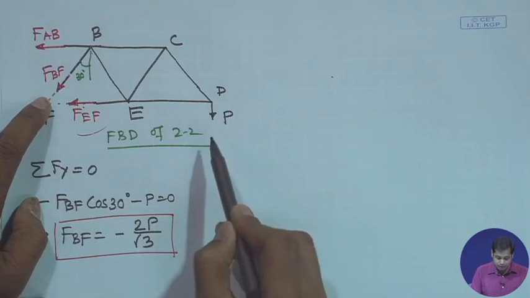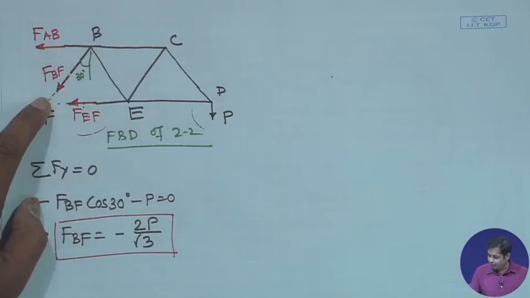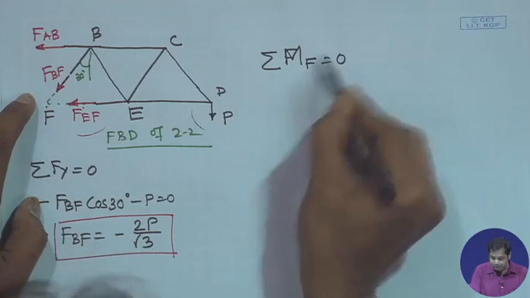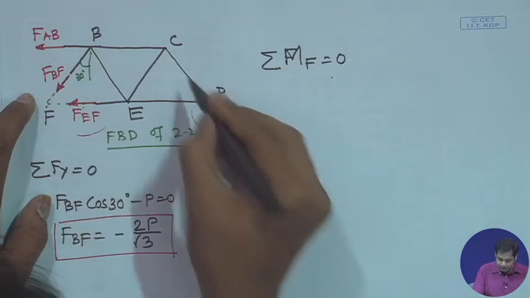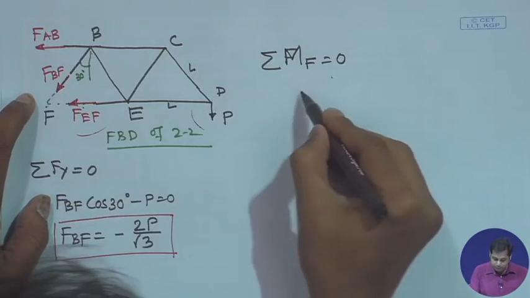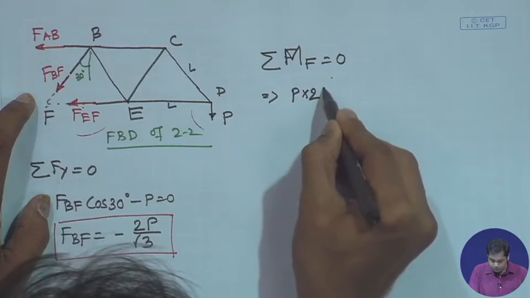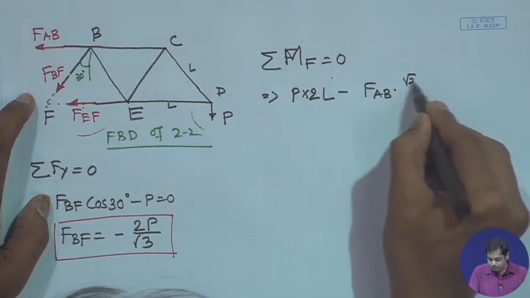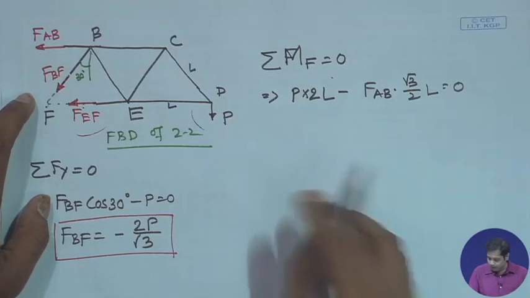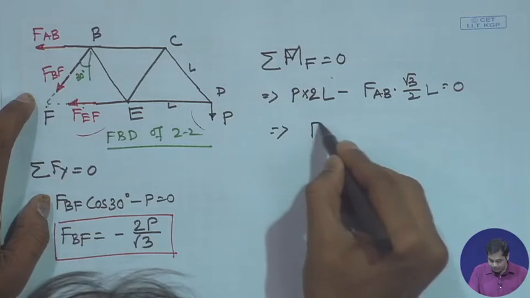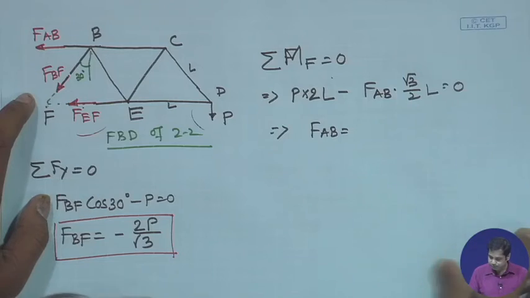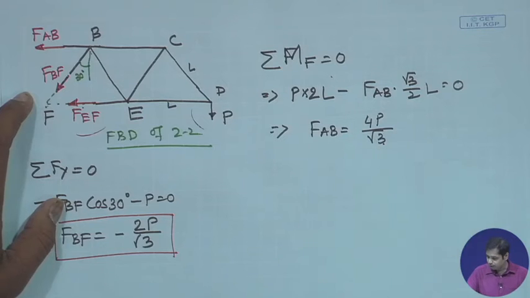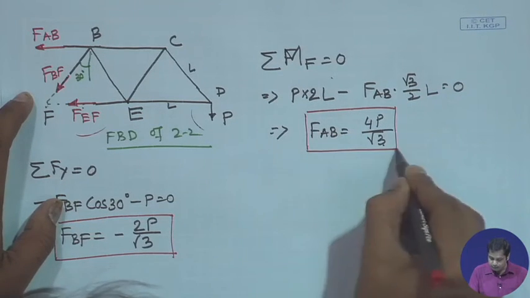The only non-zero contributions will be from force P and force AB. So, if we take summation of moment about point F equal to 0, with these lengths being L, P will produce a clockwise moment and FAB will produce an anti-clockwise moment, and then finally we get FAB equal to 4P by root 3. So, this is the member force in AB.